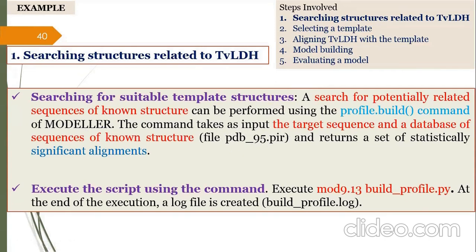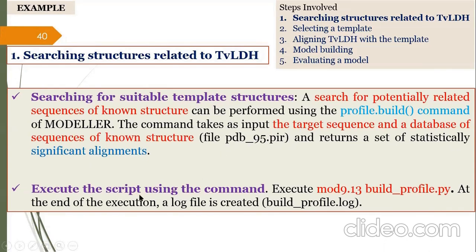Along with the templates, the query sequence, and the script files, we also need this pdb_95.pir file, which you will get from the modeler website. It returns a set of statistically significant alignments, so you will get alignments of the query with the template structures.